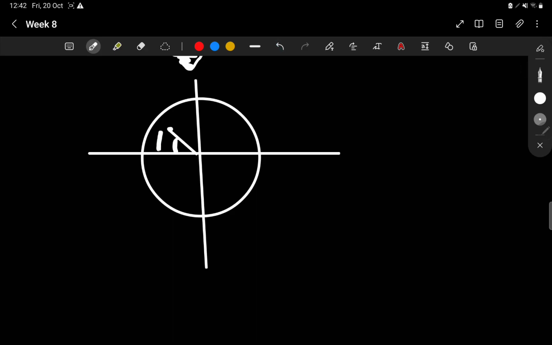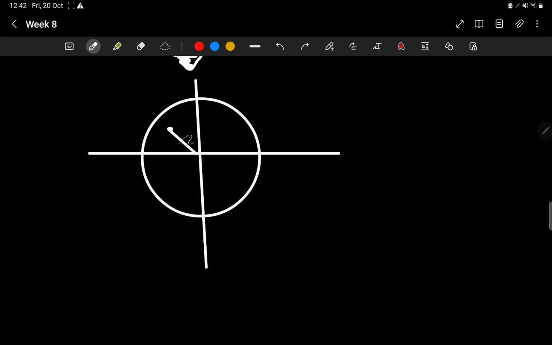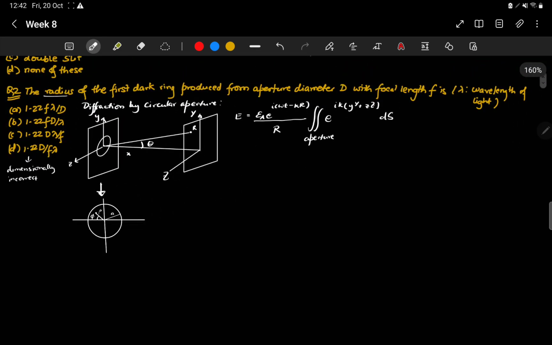Maybe I need to reduce the thickness of my pen. This angle is phi, this distance is rho, and this radius is a. Better.